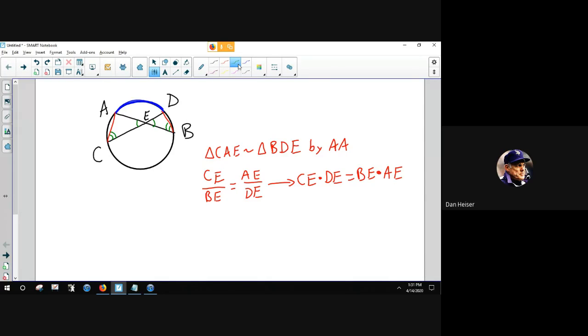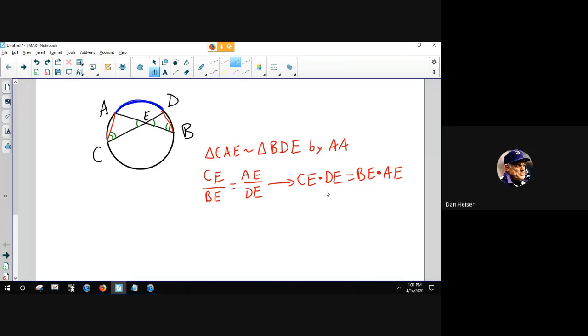And you've heard me mention many, many times, don't just memorize letters. Don't sit down and memorize CE times DE equals BE times AE 50 times. Don't repeat that over and over to yourself, because if the letters change, you're out of luck. Focus on what these stand for.